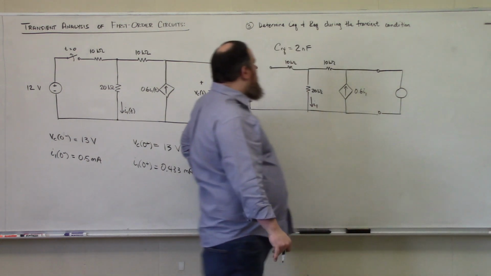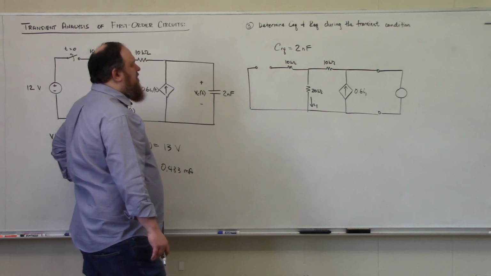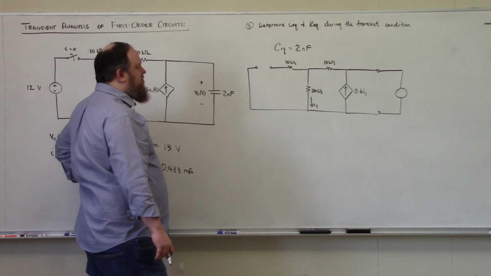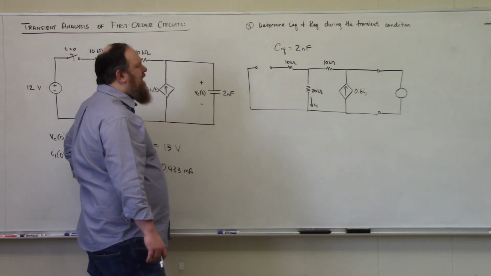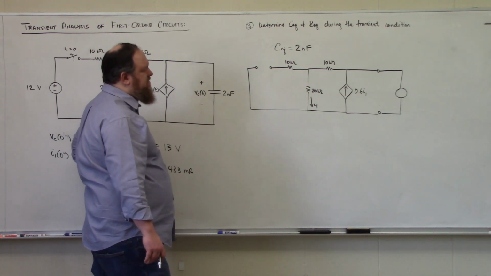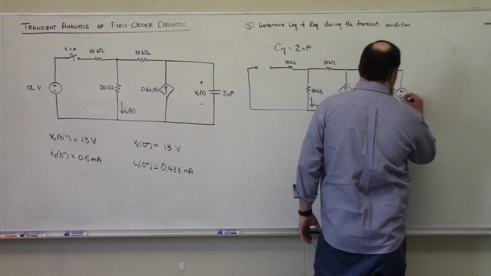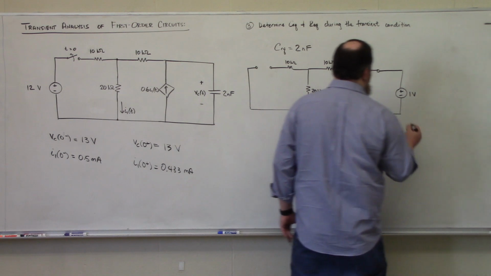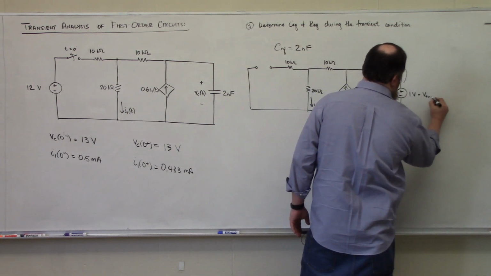I'm trying to look at this and see if it will be easier for me to apply a voltage source or a current source as my test source. And I believe pretty strongly that a voltage source here is the correct way to go. So I'm going to apply a 1 volt source, and that's equal to V test.